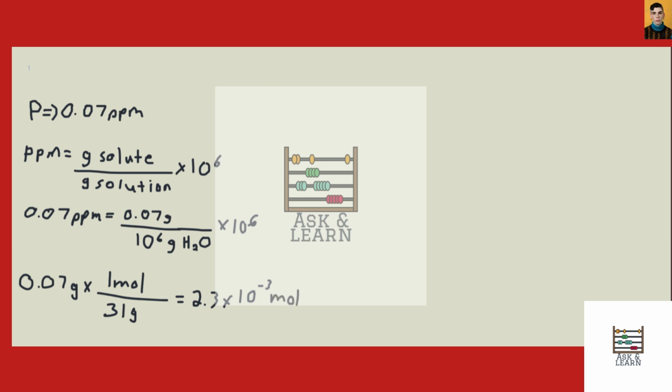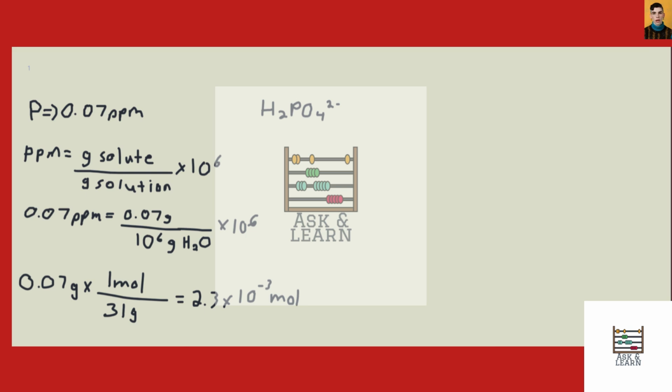Now let's look at the structure of H2PO4. We effectively have 0.07 grams of phosphorus in 10 to the 6 grams of H2O.